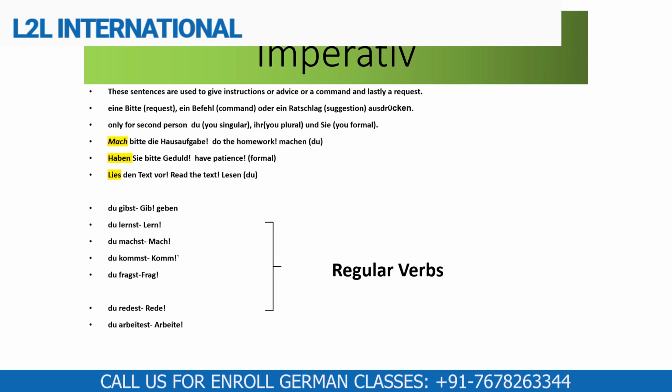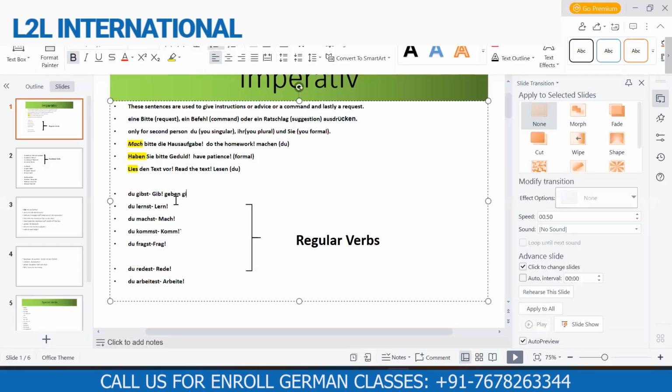If I have to ask Sana, Sana, give me the book, I will say, Gib mir das Buch. Why mir? I'll tell you afterwards, because geben is a dative verb. But just as an example, why has geben become gib?